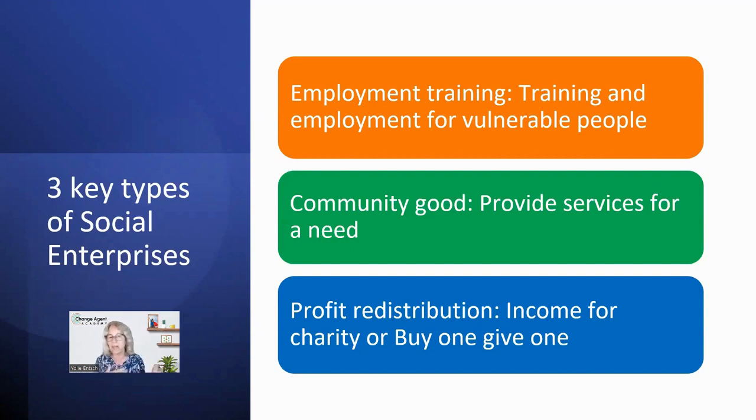And tradies would buy this shirt, and the profit from the sale of those shirts will then be redistributed into providing mental health services for tradies. And so that profit redistribution supports their charity in that mental health service distribution. Another example of the profit redistribution might be a buy one, give one.